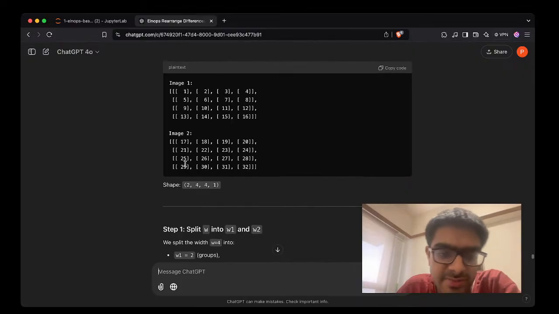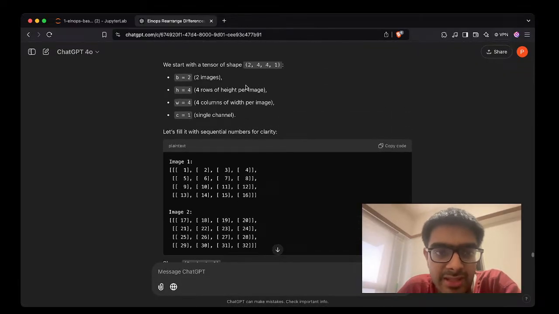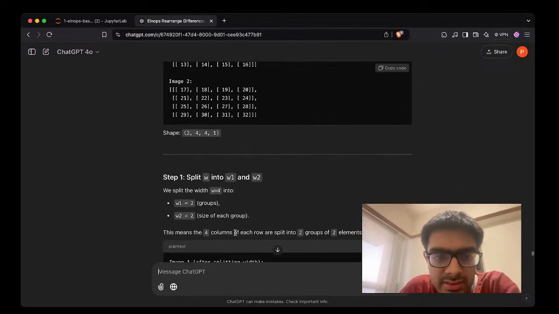Let me first do the first split, right? W1 to W2, and we can split, I guess, 4 into 2 and 2. So this will become 1, 2, 3, 4, 5, 6, 7, 8, and so on.